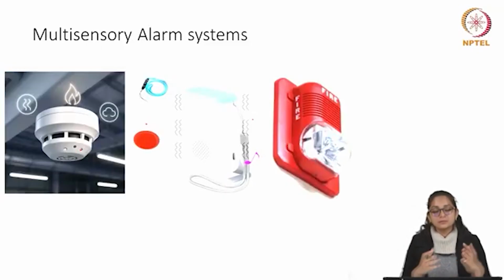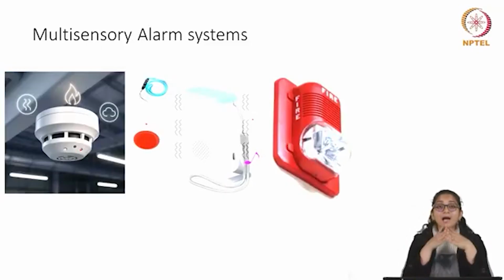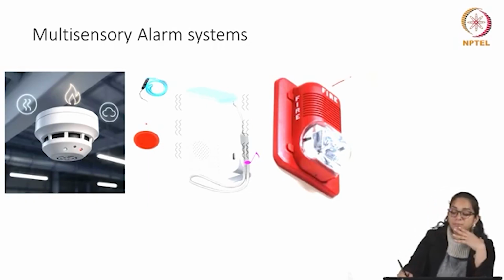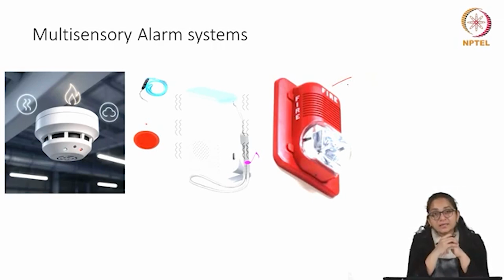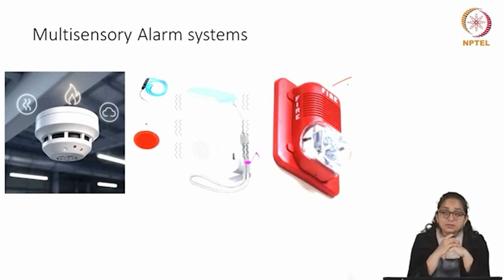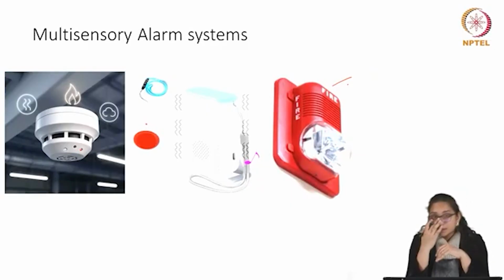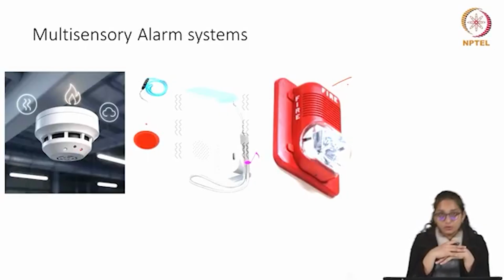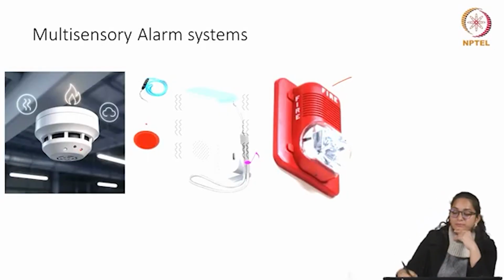To begin with, there can be multi-sensory alarm systems. So imagine that there is a fire alarm that is only blaring sound. A person with hearing loss will not be able to even understand what the commotion is for. So there are multimodal alarm signals which emit light as well as sound.